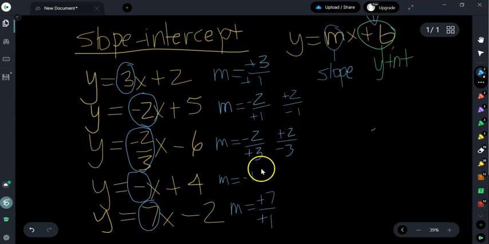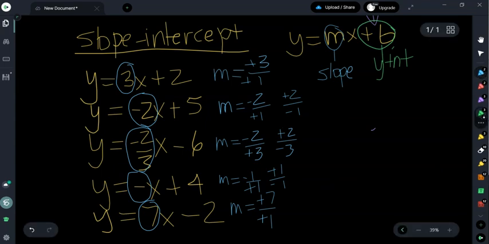It's going to give you the same shape. -1, that's the same as -1 over +1, so you're going to go down 1 to the right 1, which is the same as going up 1 and to the left 1. And this one is going to be a straight shot, up 7 over 1 to the right. So that's how you determine the slope.